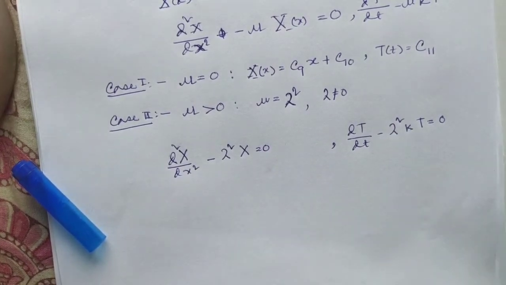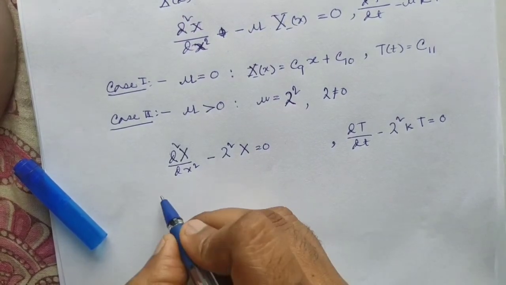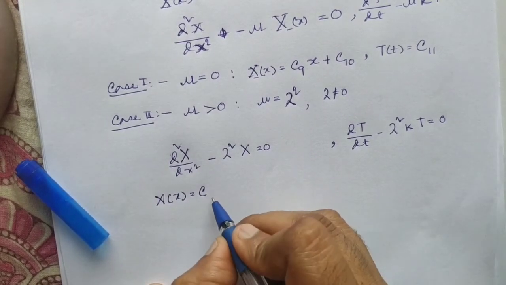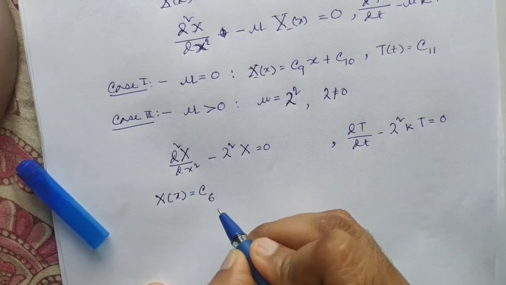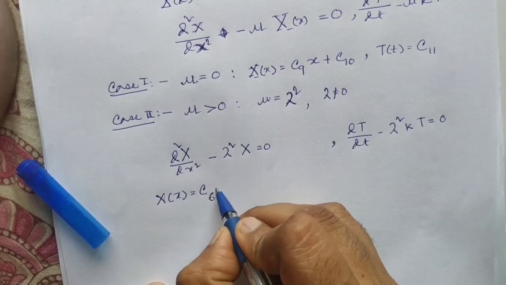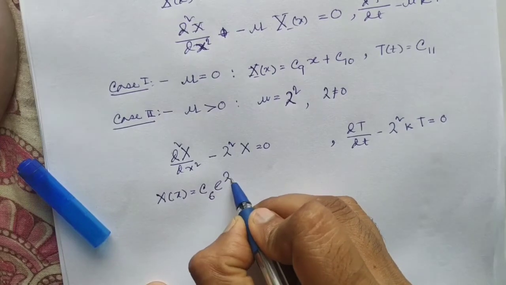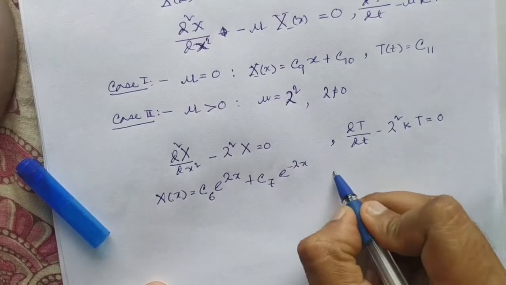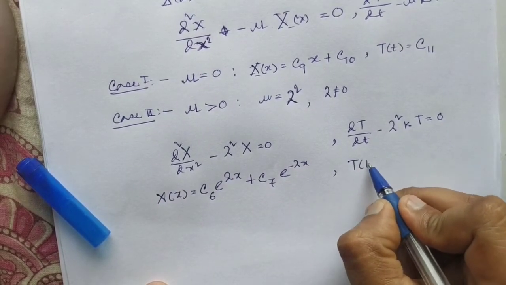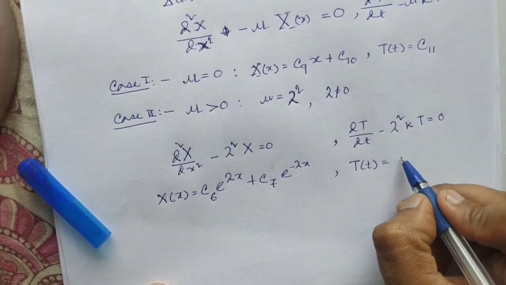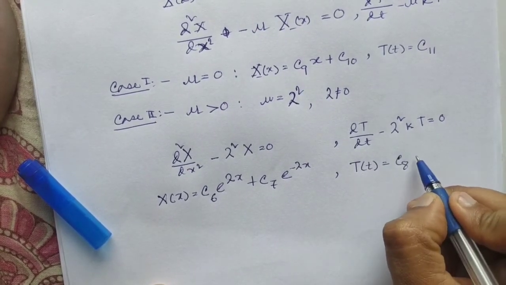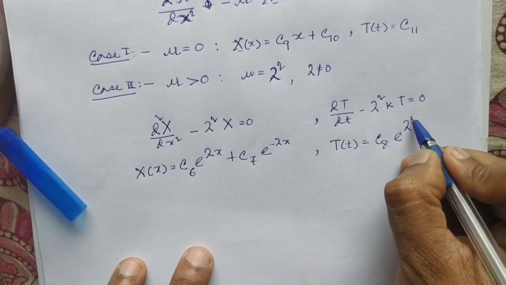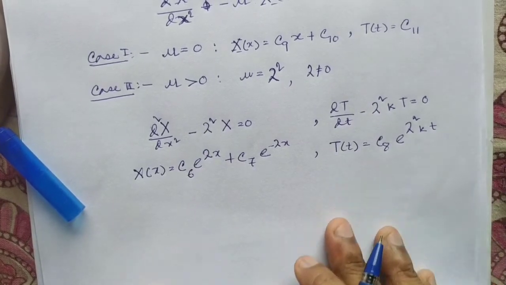So you solve, m is equal to plus minus lambda, and so the solution should be some constant, say C6, e to the power lambda x plus C7 e to the power minus lambda x from this part, and from this part that should be capital T is equal to some C8 e to the power lambda square kt, right?